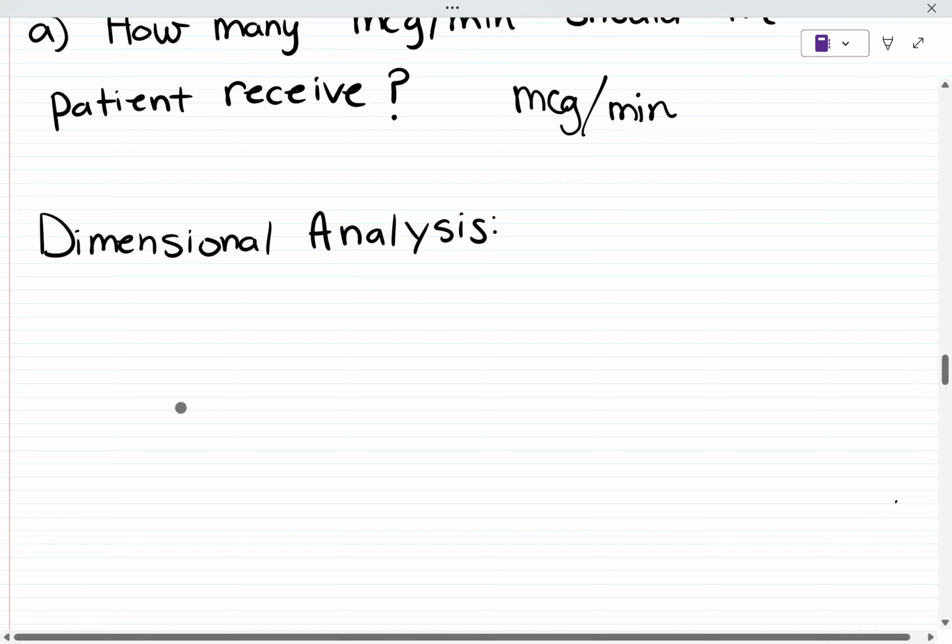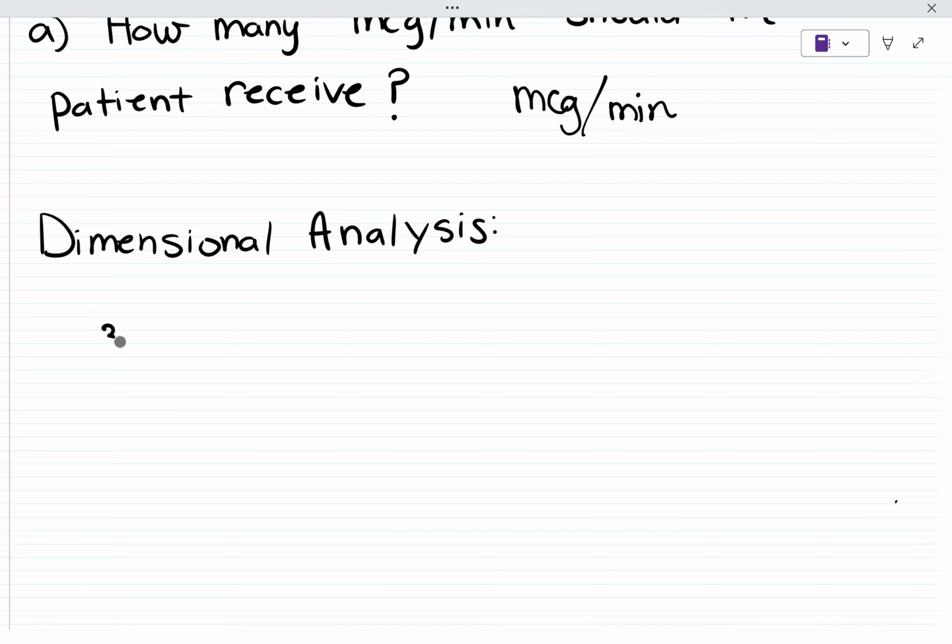If you recall, we start with what we have. We start with 3 mcg per kilogram per minute, right?